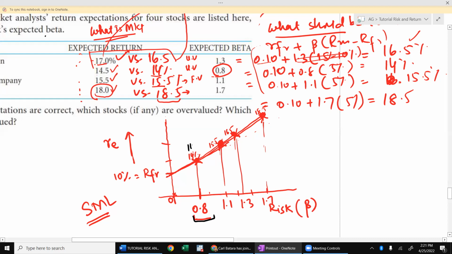So I'm writing 14.5 slightly up there. CAPM is saying you should expect this, but the market is saying you should require 14.5%. So if I underline this one, is this undervalued or overvalued, students?